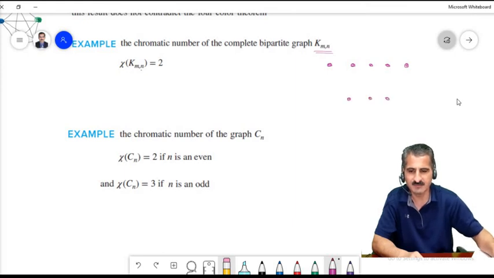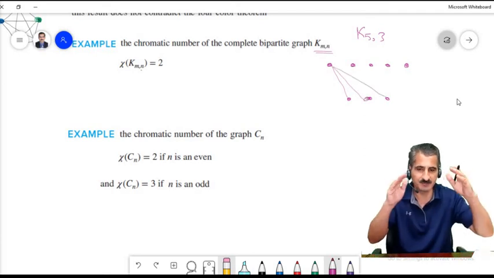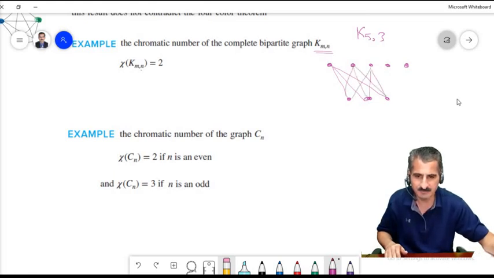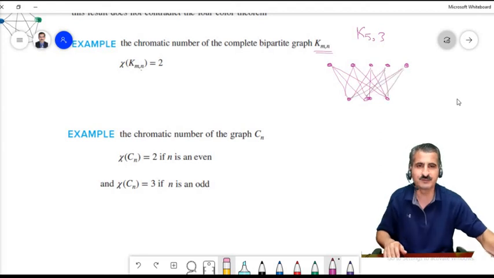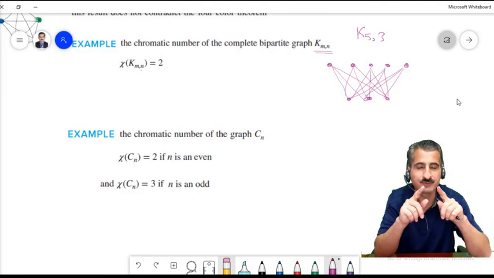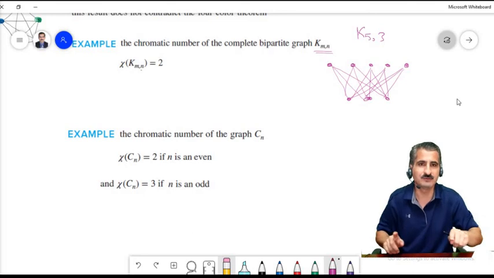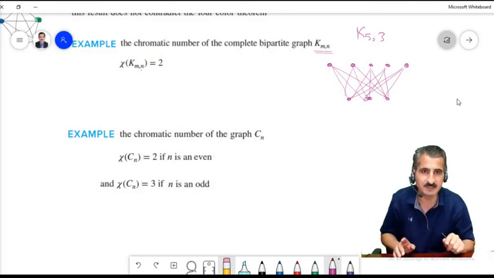Say for instance I'm drawing here K5,3, and now every vertex in the set at the top is connected to every vertex in the set at the bottom, but no two vertices in the set at the top are adjacent, and no two vertices in the set at the bottom are adjacent.